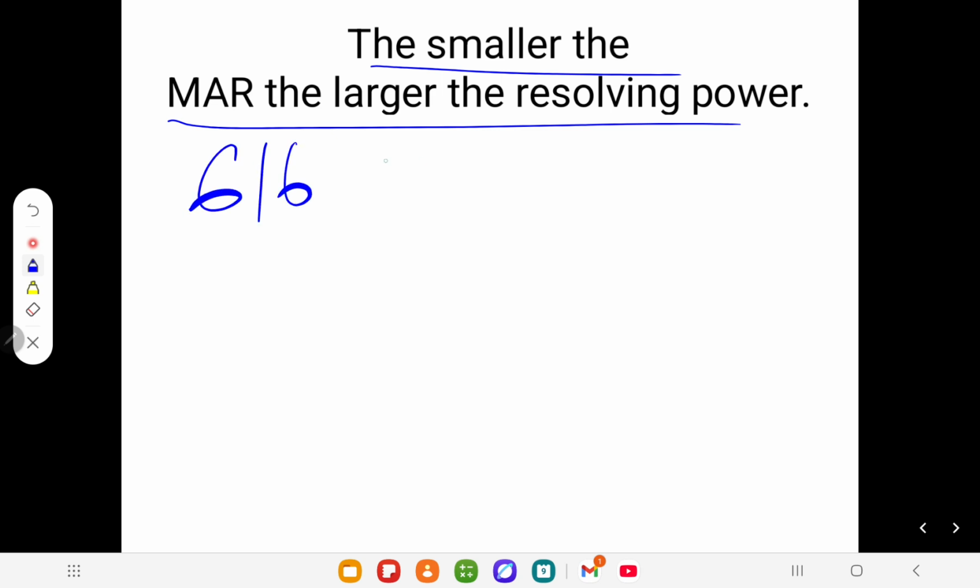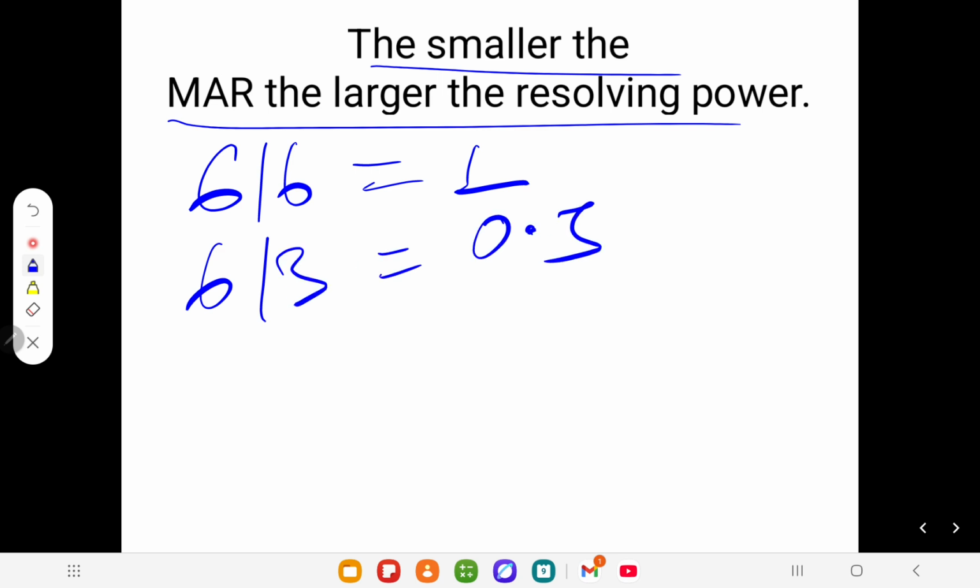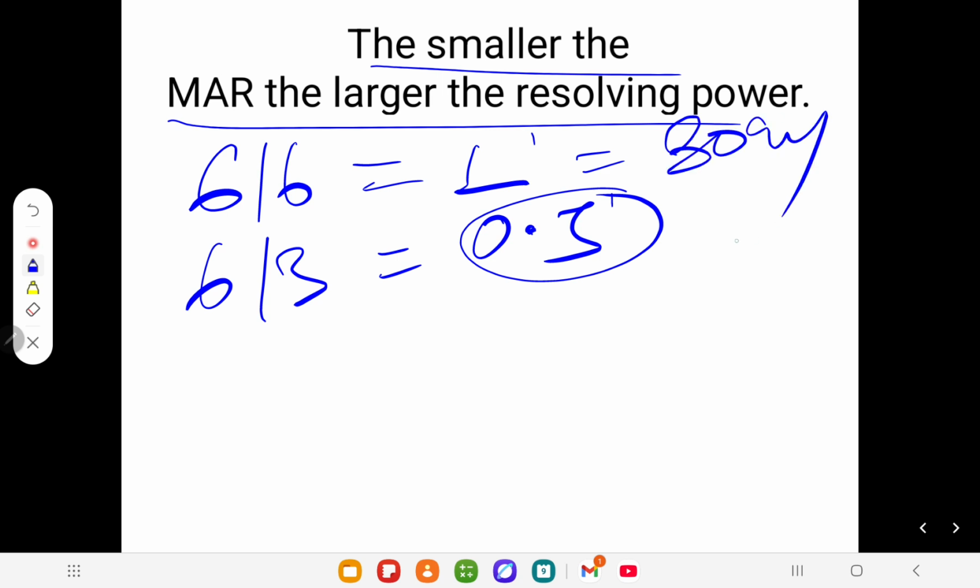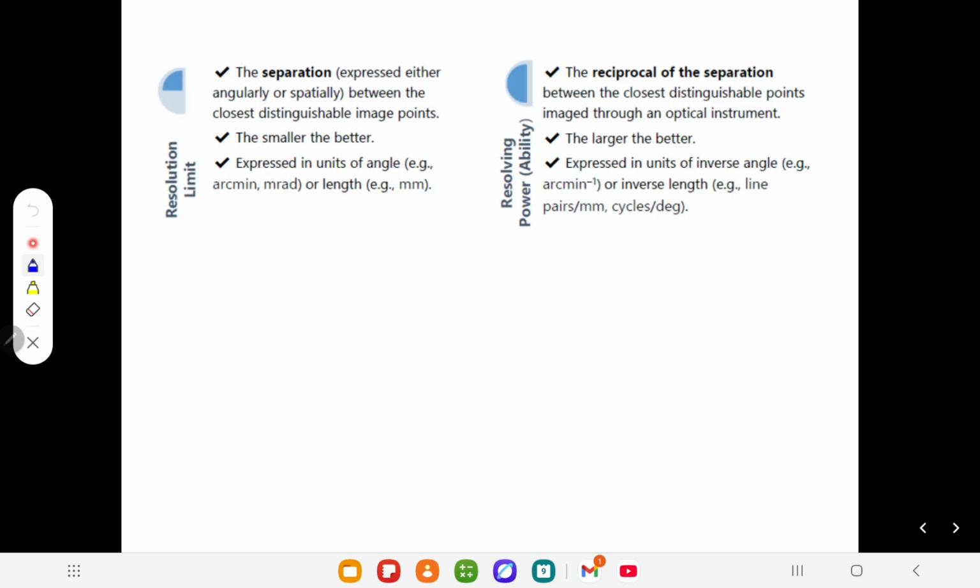6 by 6 means MAR is 1, but 6 by 3 means MAR is 0.5, isn't it? So 0.5 minute MAR is far better, isn't it? So 6 by 6 means 30 cycles per degree, 60 cycles per degree, isn't it? So that's what I'm talking about.